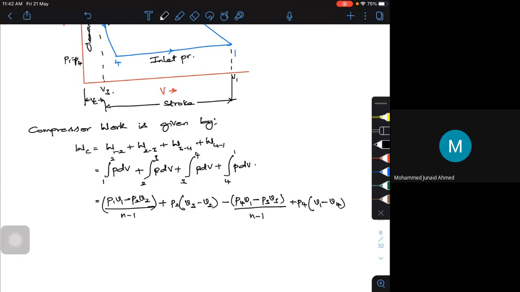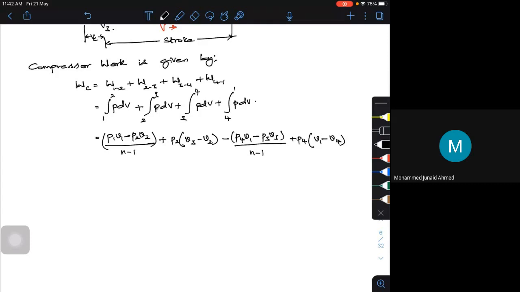Okay. Now let us open all the brackets and simplify this. So therefore, your Wc is equal to, taking n minus 1 as common and simplifying everything, the work of compression is P1 V1 minus P2 V2. So this will be n minus 1.